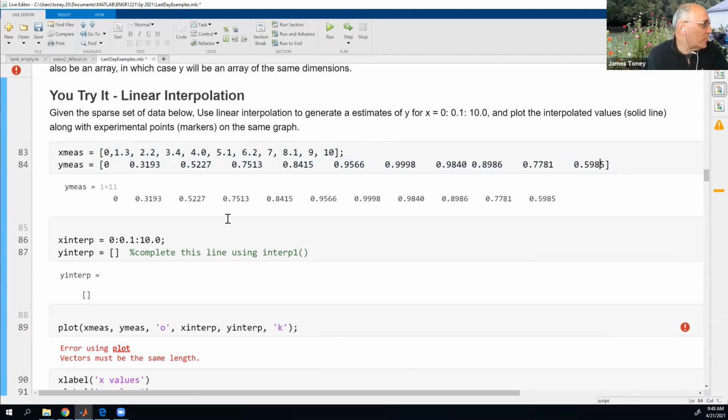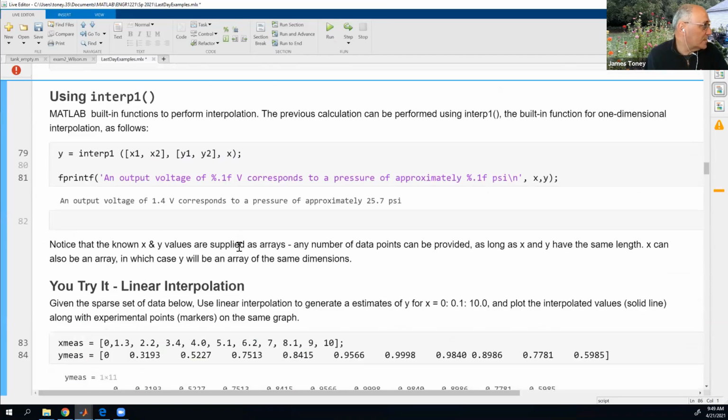Then we want to interpolate between all those values, not just at one or two points, but as a continuous curve, like generating a calibration curve based on a finite number of data points. What we can do is set up a vector of uniformly spaced x values. I'm calling it x interp. Then you use interp1 to calculate the interpolated values for all these x values.